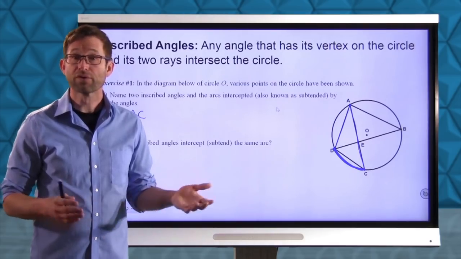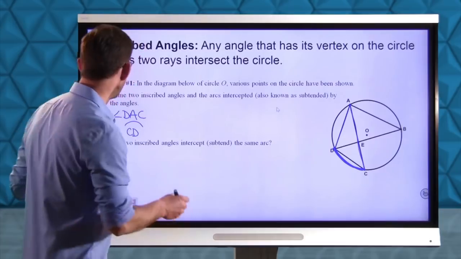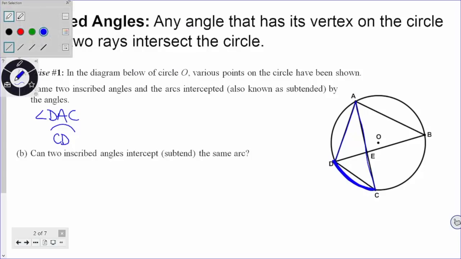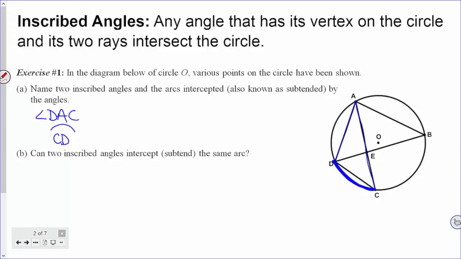All right, well, there's a few different choices here. I'm going to go to red so that we can see it a little bit better. And I'm going to go with angle ABD. Angle ABD is an inscribed angle, and the arc that it subtends is arc AD.